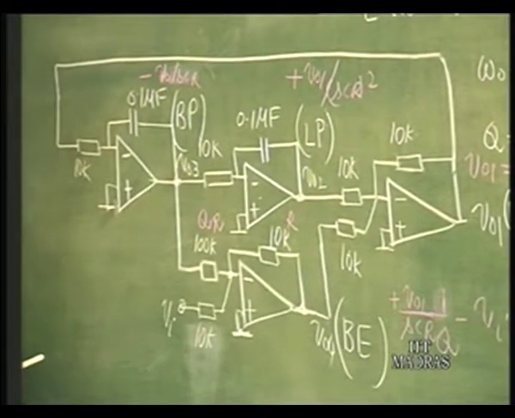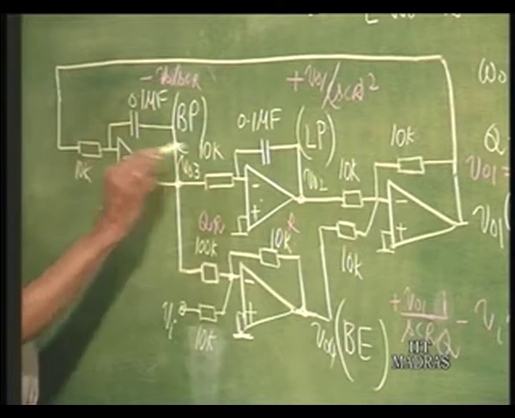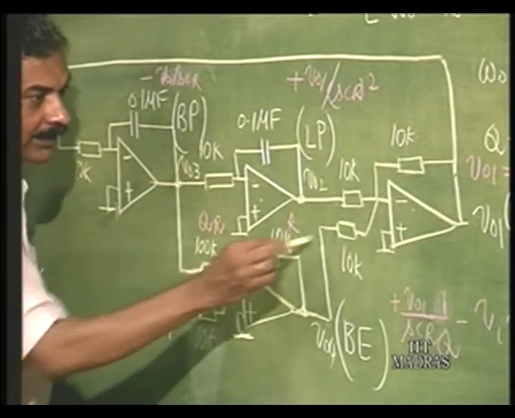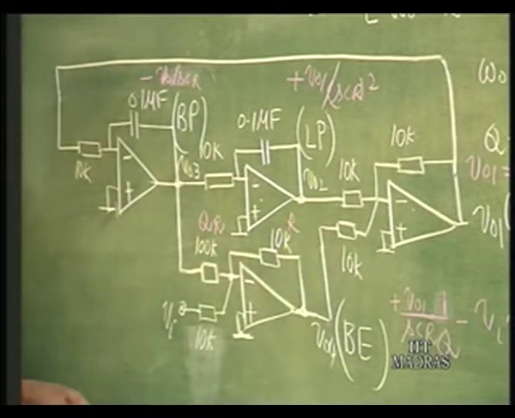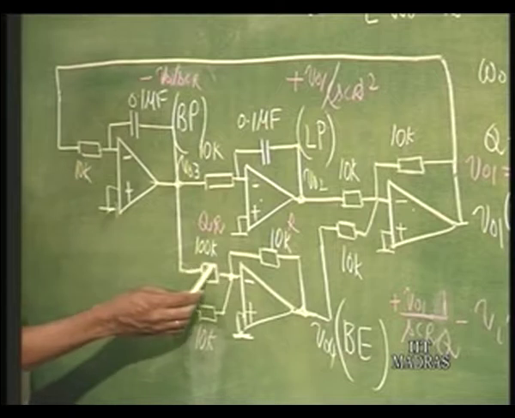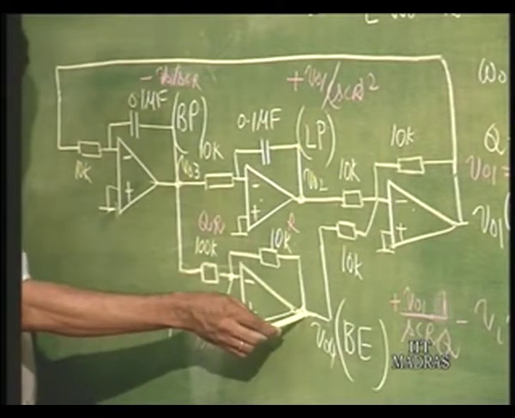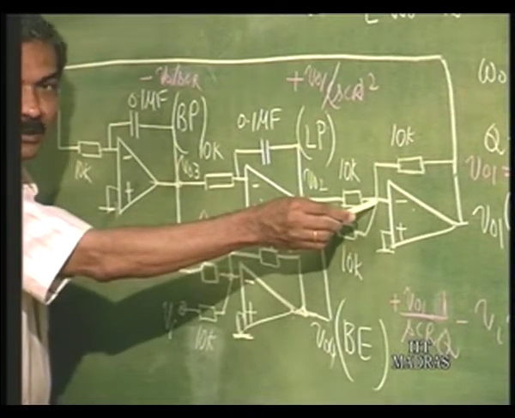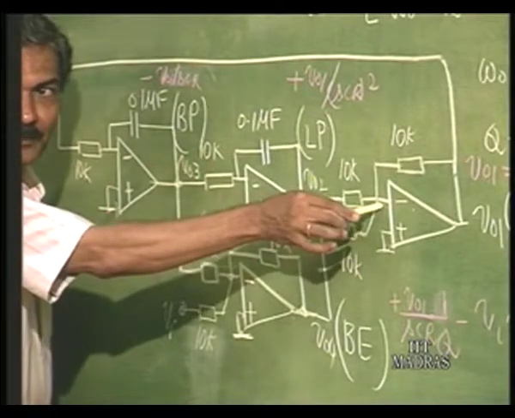Only difference between the KHN network and this circuit that I am demonstrating here is that in our KHN network we had these two integrators and the inverter, and then output from here was directly attenuated and fed to the inverting terminal. Here on the other hand, this output is attenuated of course, but using an op amp, but since it is getting an inversion here, we can directly use it at the inverting terminal of this, so as to give the required negative feedback.